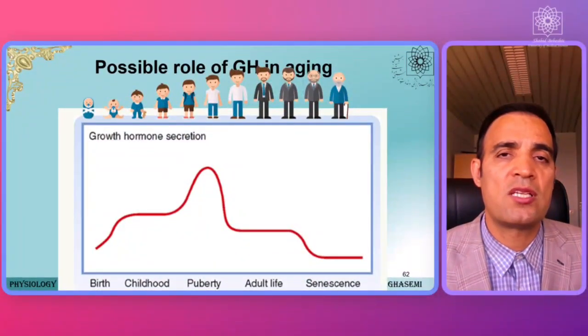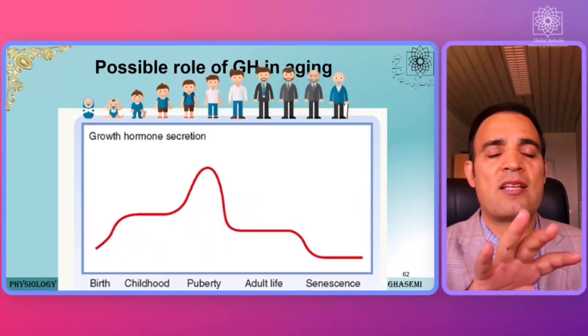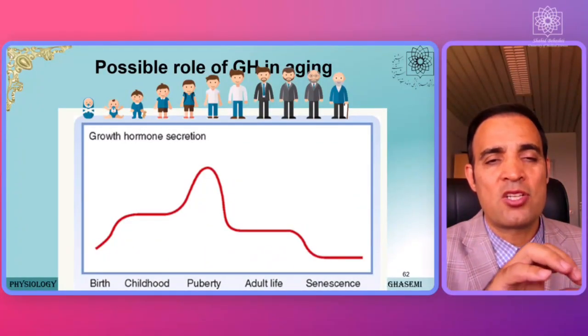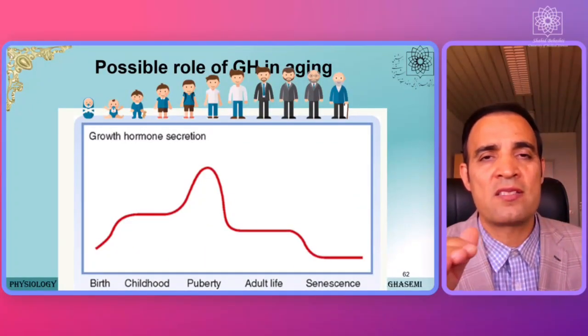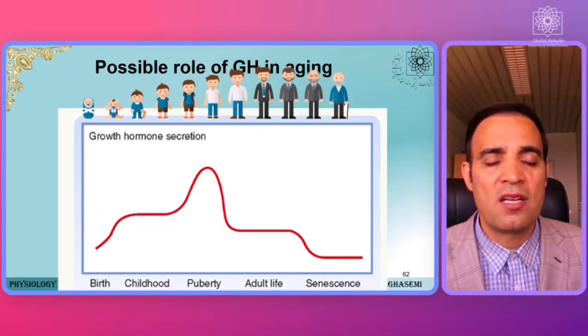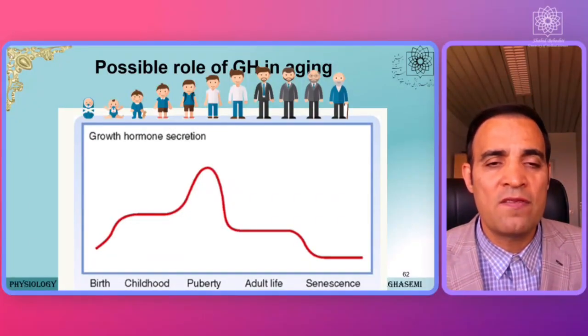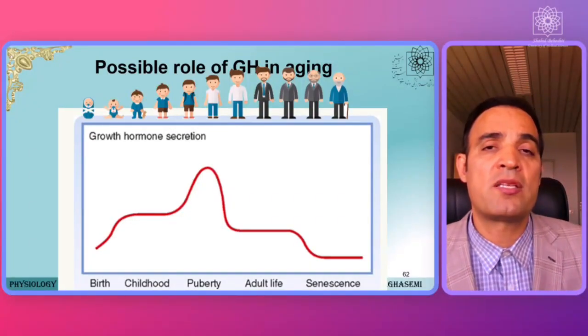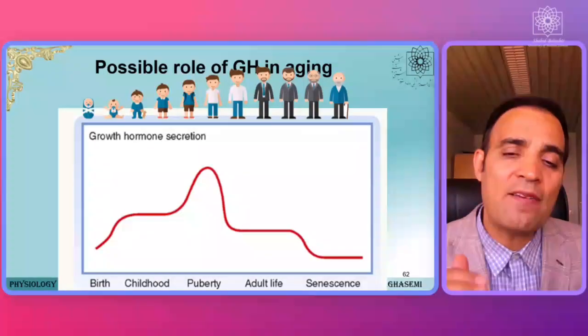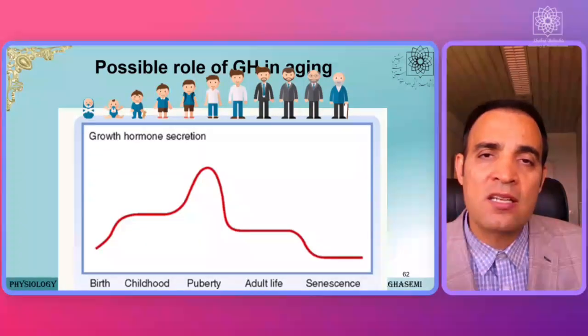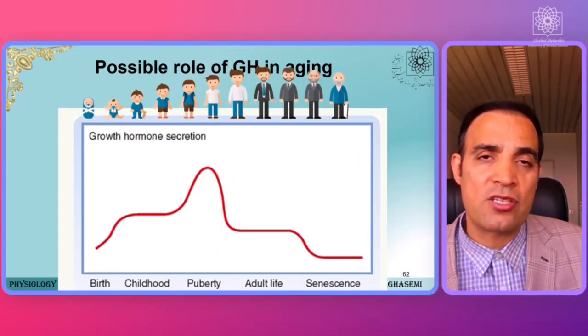This figure shows the concentration of growth hormone at different levels of life. And as you see, during the puberty, it reaches the highest level, and after that, it is decreasing with aging.